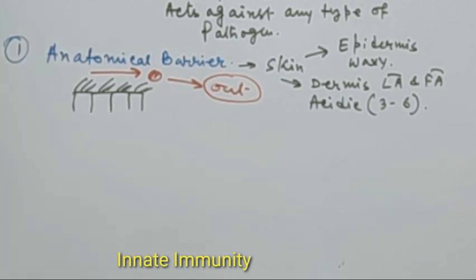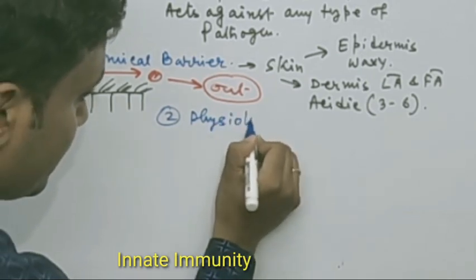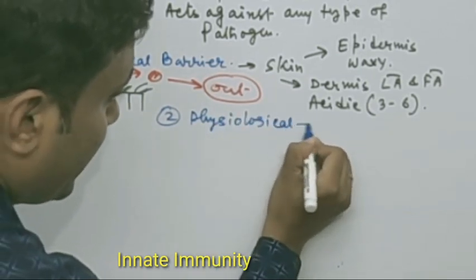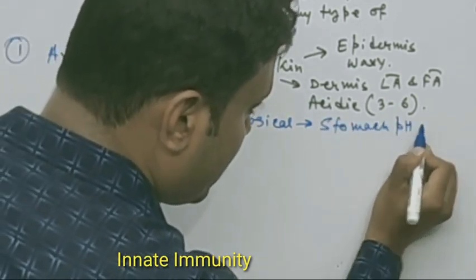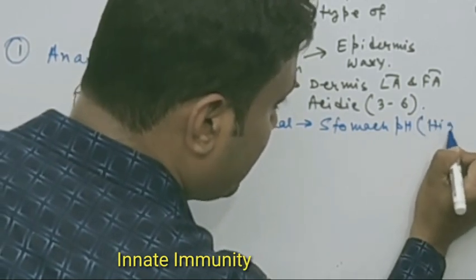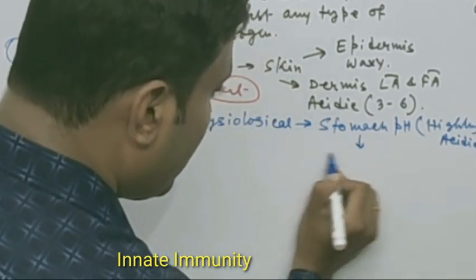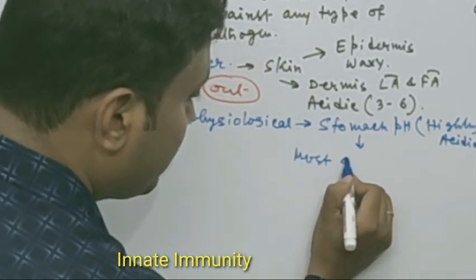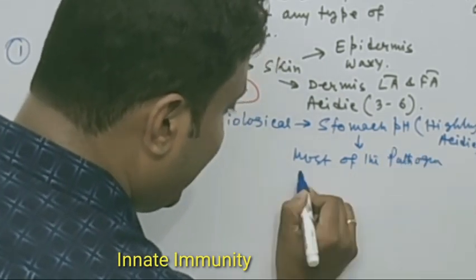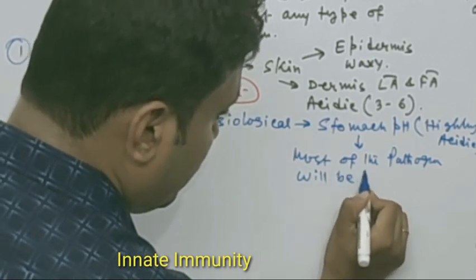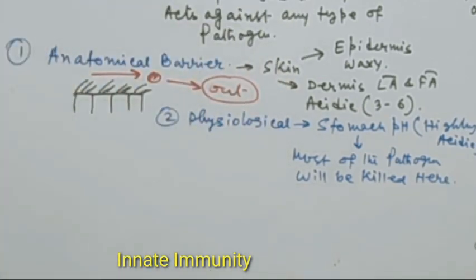And next is the physiological barrier. This is important. The physiological barrier means the stomach pH is highly acidic. So most of the pathogens will be killed in the stomach pH.